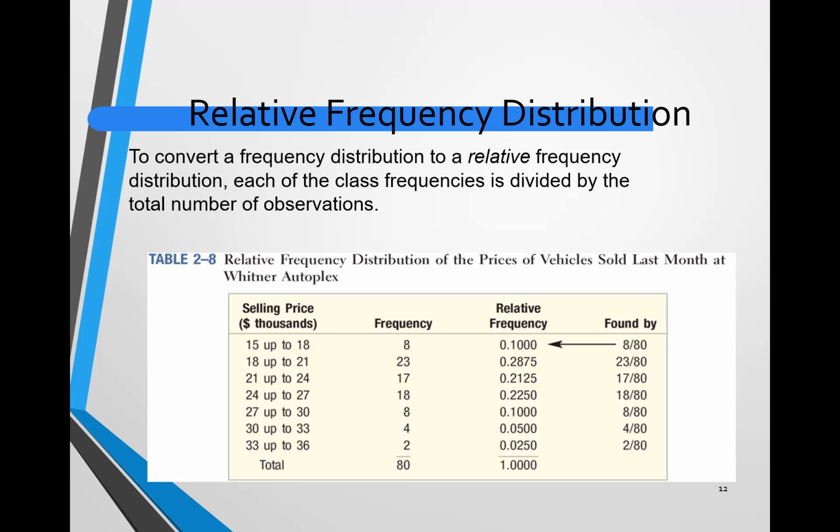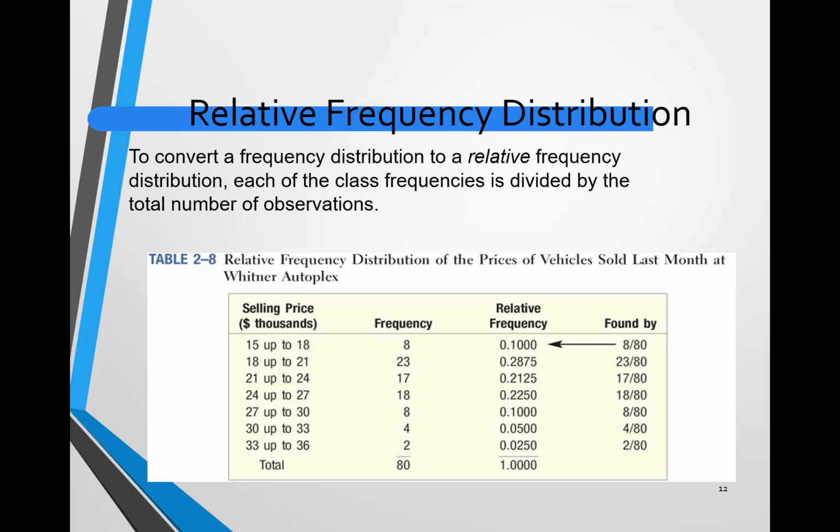हमने देखा कि 80 हमारे पास नंबर ऑफ कार्स थी, तो उसमें हम ये देख सकते हैं कि आप easily from this relative frequency you can say that 10% of the cars were sold at a price between 15,000 to 18,000, or in other words you can say 10% of total cars were sold at a price below 18,000.